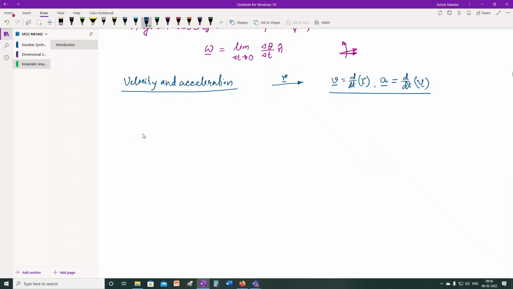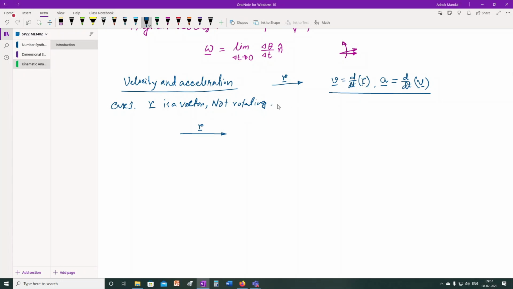For this, let us first take a vector. This is a vector R. We are taking this as case 1, where R is a vector which is not rotating.